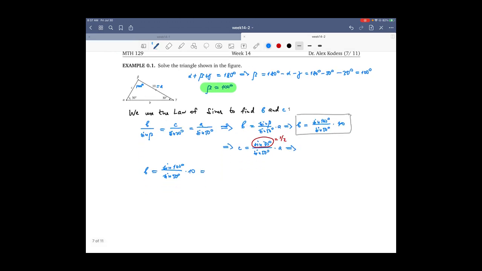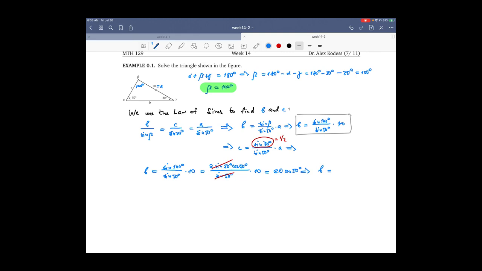So if I apply this here, it'll be 2 sine 50 degrees cosine 50 degrees over sine 50 degrees times 10. And so sine 50 degrees and sine 50 degrees cancel out. And I get 20 times cosine of 50 degrees.